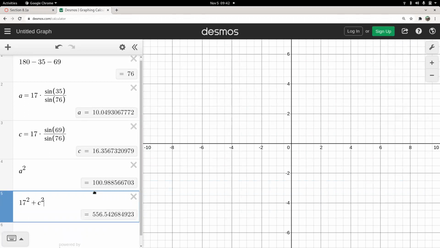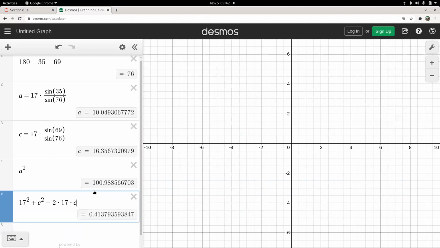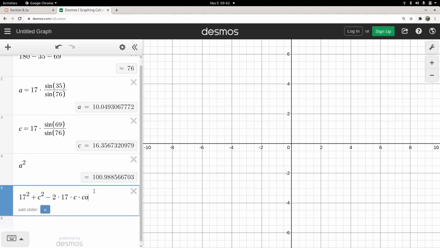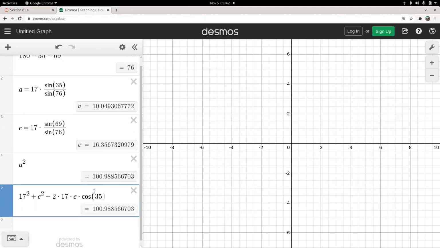And then law of cosines does a minus 2 times these two sides. So 2 times 17 times C, and then times the cosine of the angle between them. And that was angle A at 35 degrees. And I should get exactly the same number above using all of the accuracy Desmos had.